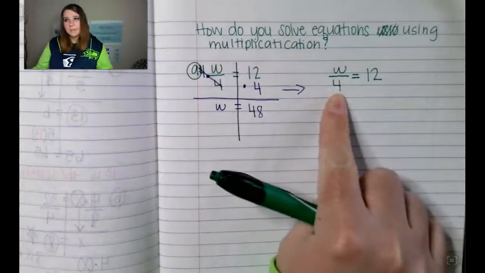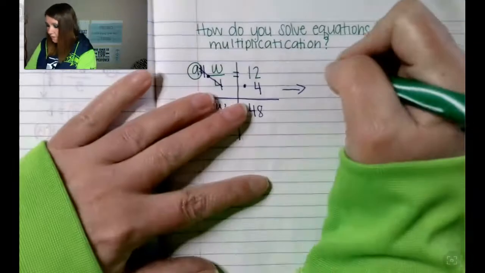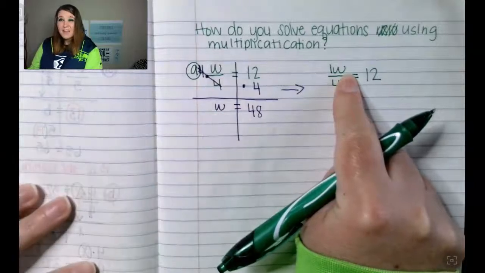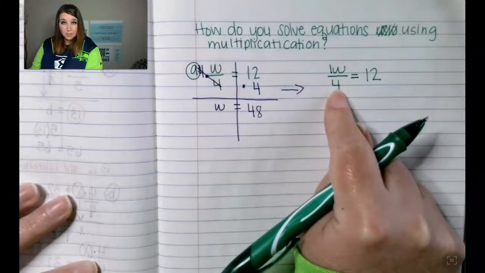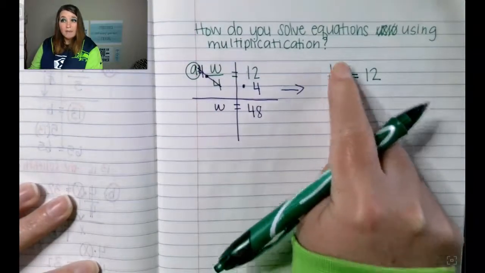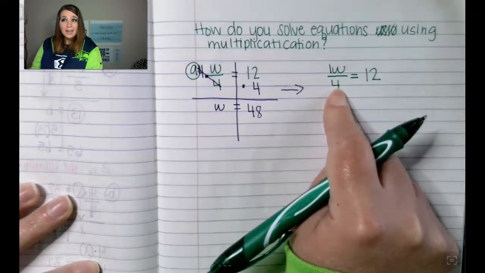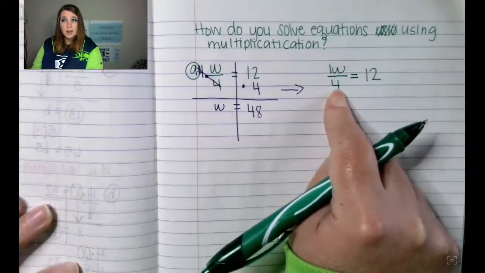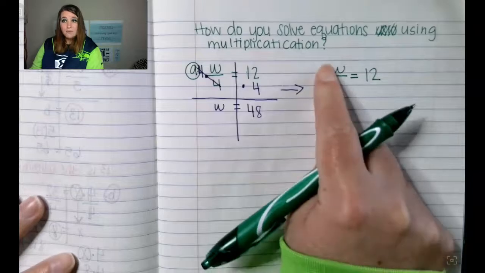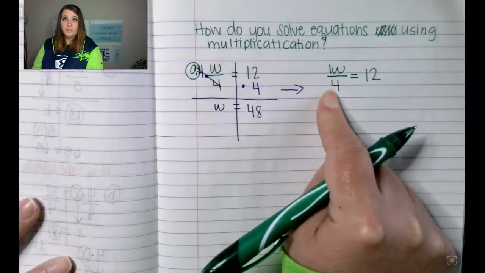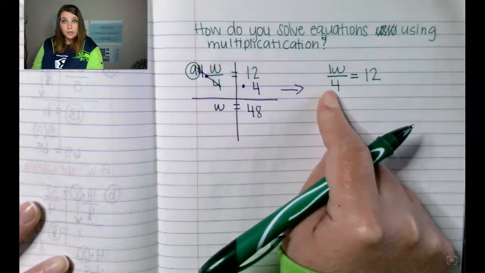This is the same as saying I have 1 W, I have 1/4 W. So I have 1 W over 4. I now have a fraction that I can recognize, 1 over 4. I know how to undo a fraction.